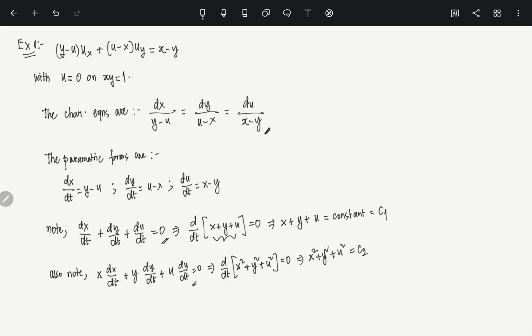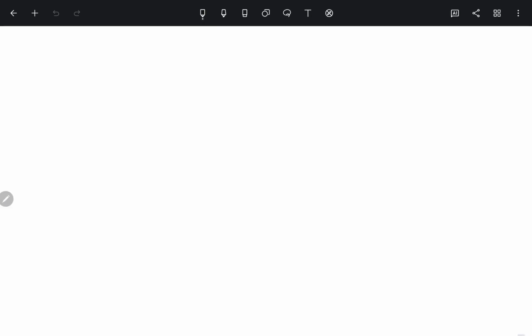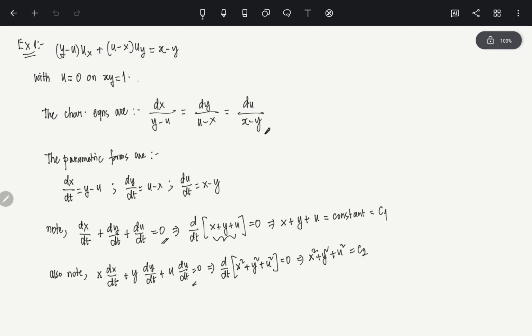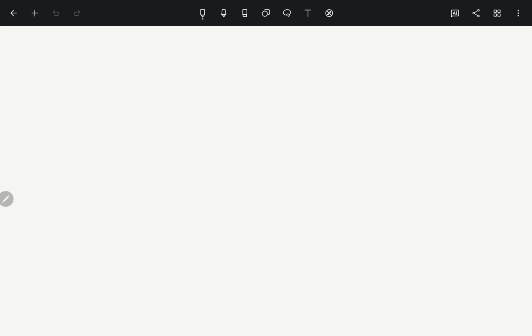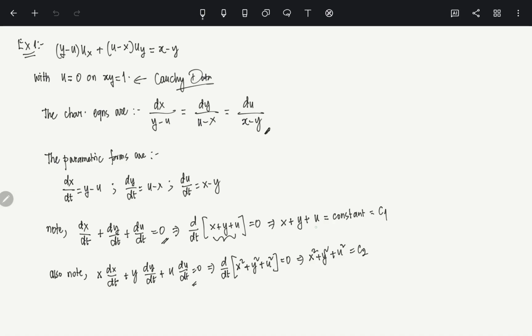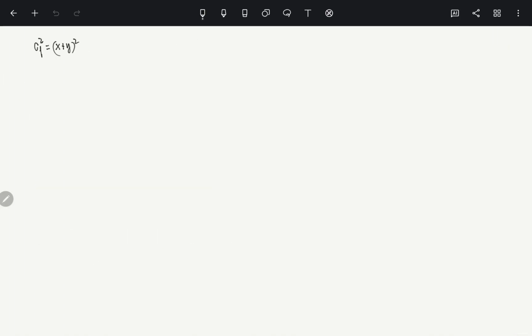Is it okay? Now, what we have is this Cauchy data. This data is generally called the Cauchy data. If we use the Cauchy data, what you have is this: x plus y plus u is C1, so C1 square is (x plus y) square, which equals x square plus y square plus 2xy, which is nothing but C2 plus 2.